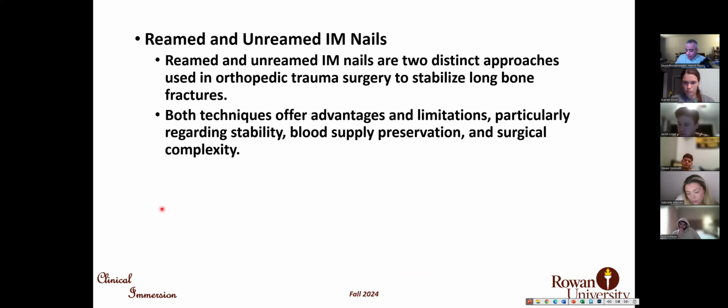is reaming or non-reaming. What is reaming first? Reaming is a type of drilling, but instead of a classic drilling, we use a specific drill head, which is flexible, and it is used inside a cavity, inside something.